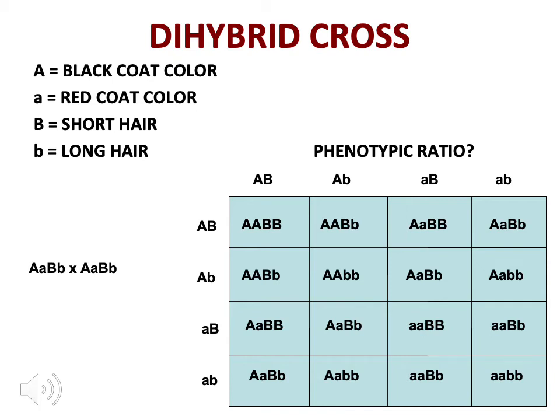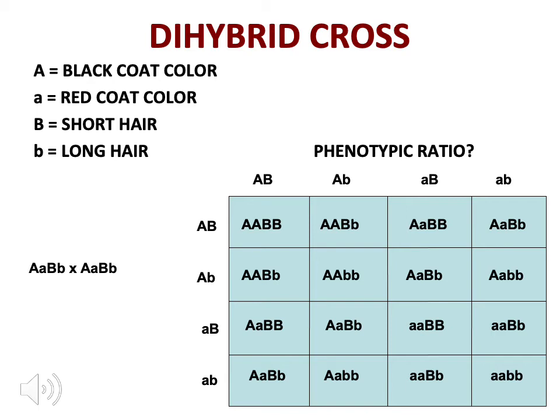If I have a big A, big B sperm, and I fertilize a big A, big B egg, I'm going to have a homozygous dominant zygote for both traits. If I've got a big A, little b sperm, find it over there on the left, and I'm going to fertilize a big A, big B egg, the second box down on my first column says I'm going to have a big A, big B, little b zygote.